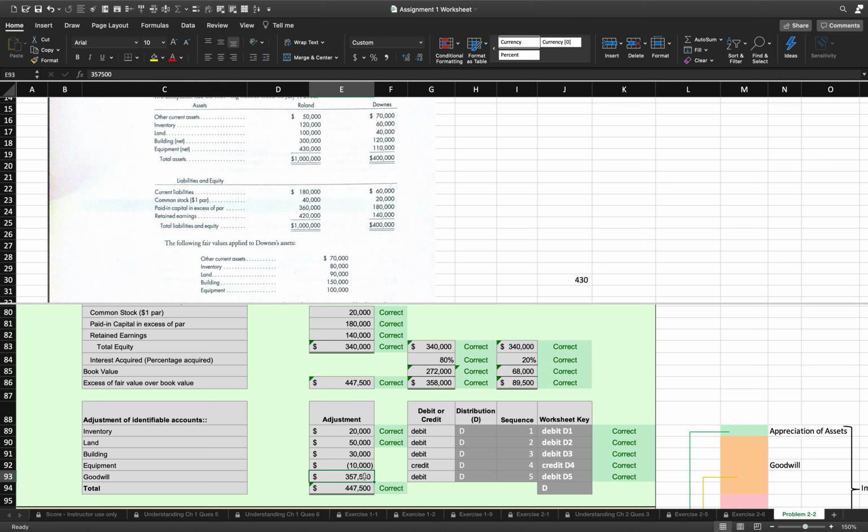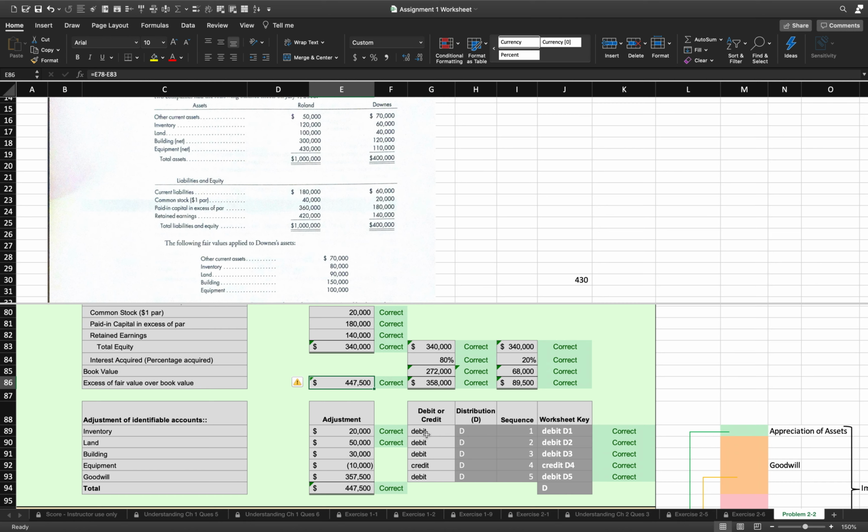Of course, we put this goodwill in earlier, and then the sum total of all of these amounts will be the excess we had already determined. We just now identified what that excess was, and thus this chart is known as the adjustment of identifiable accounts.